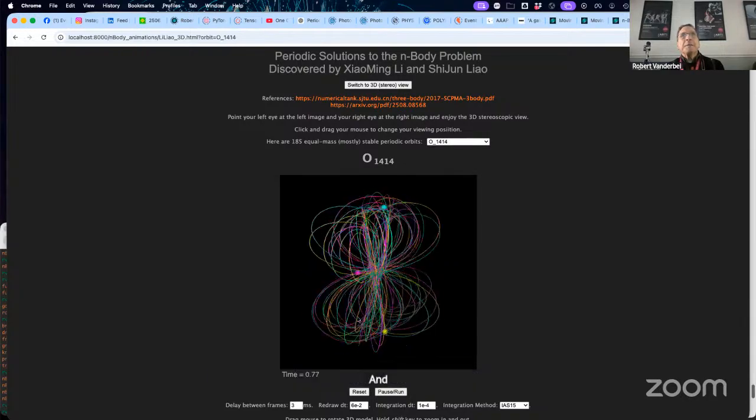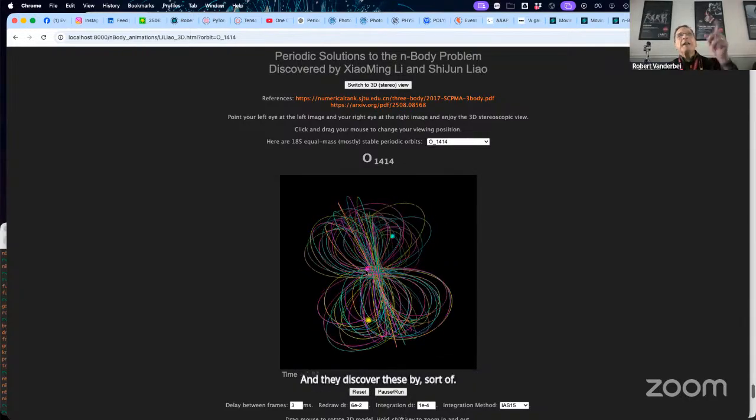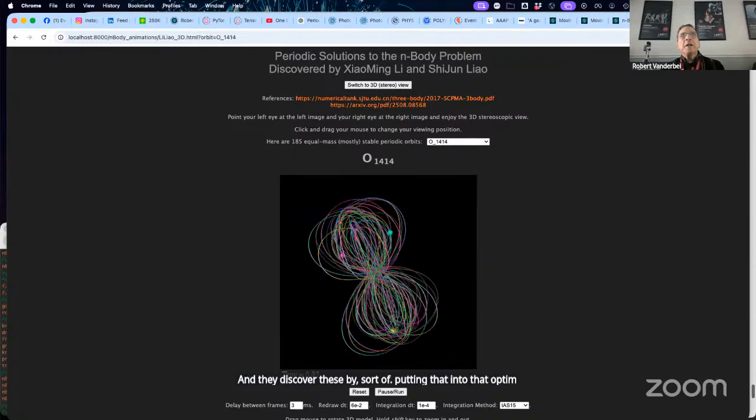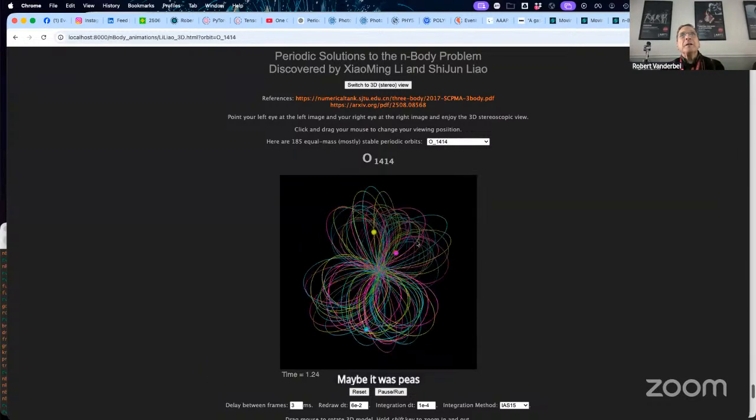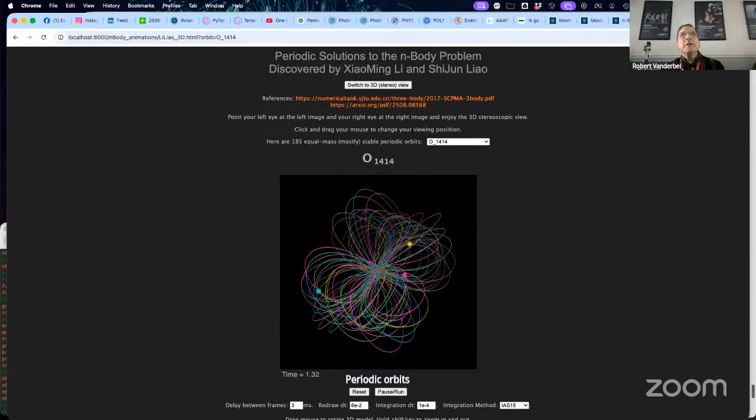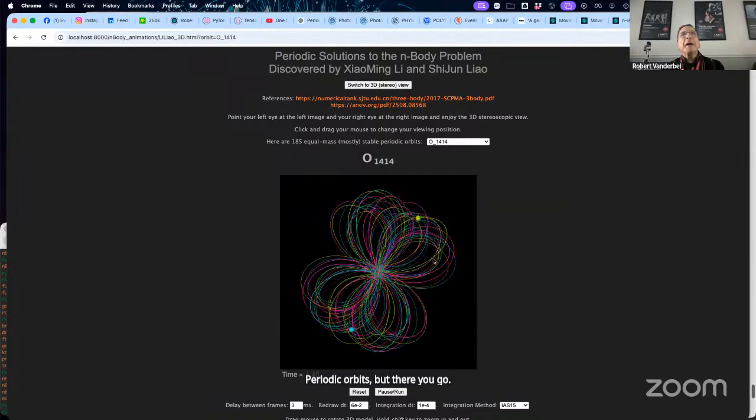They discovered these by putting that into that optimization problem, those P's that had this general pattern, but you had to find exactly the right coefficients to get those P's to actually be stable periodic orbits. But there you go. It's a three-body problem, and it follows this pattern forever.